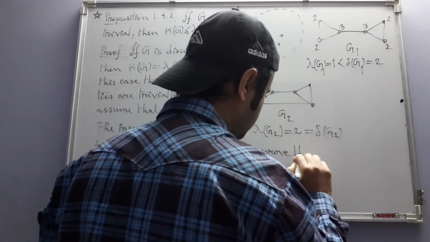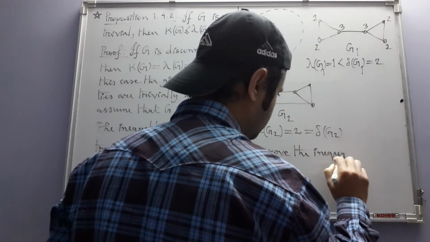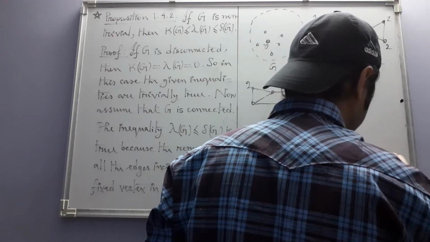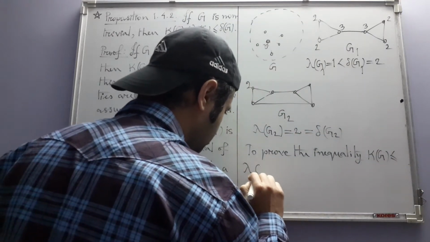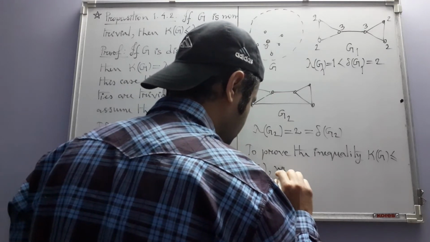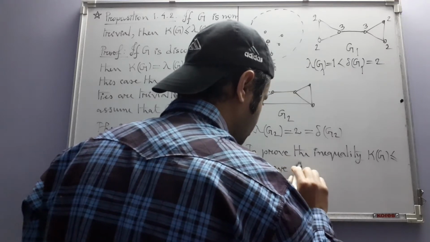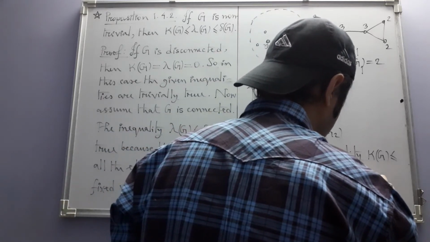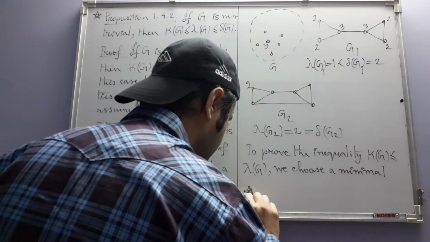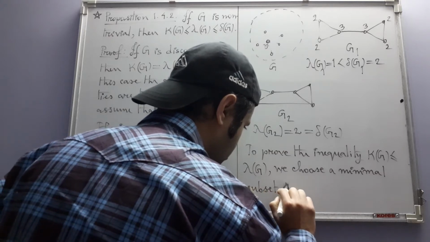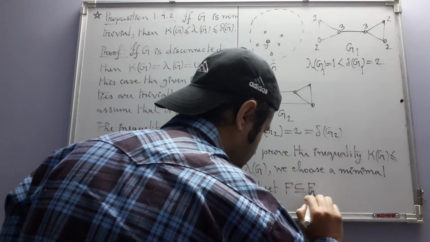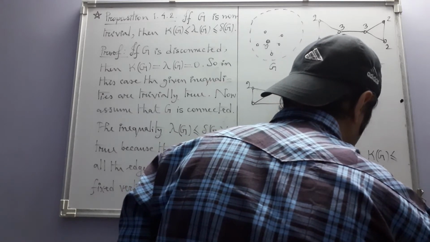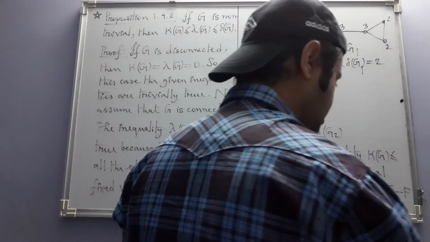To prove the inequality kappa of G less than or equal to lambda of G, we choose a minimal subset F of the edge set of G such that G minus F is disconnected.